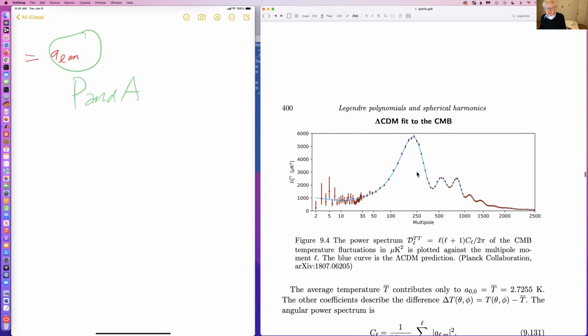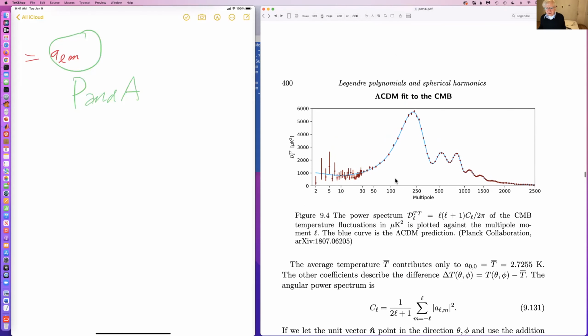Here's the agreement that people analyzing the Planck data found in terms of what's called the Lambda CDM model. Lambda is the energy of empty space, or the cosmological constant equivalently, and CDM is cold dark matter.